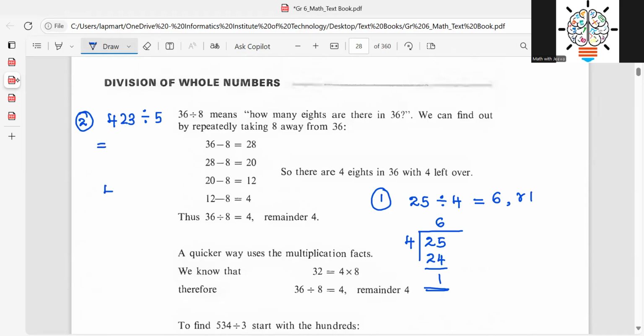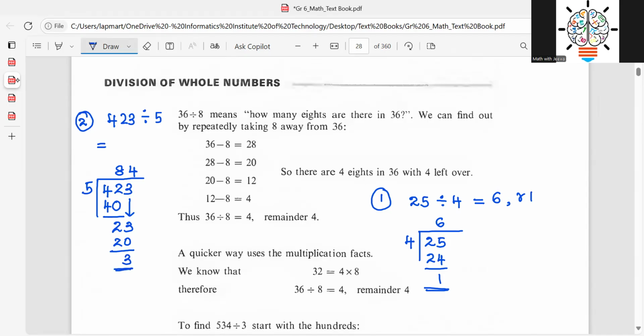Now I will show you the workings. 423, you divide by 5. 5 times 8, 40. So then the 2 remainder. You bring this 3 down. Now you have 23. 5 times 4, 20. And 3 remainder.